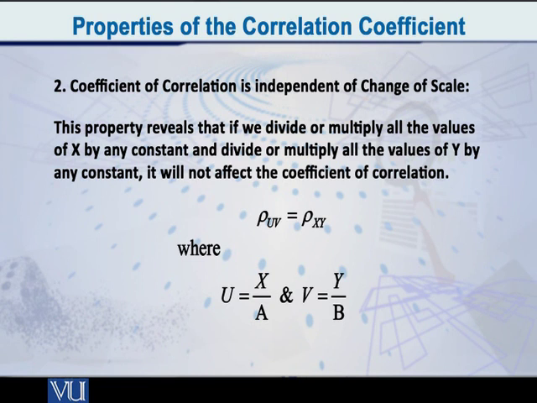In this case, it is like this, that if we divide every value of x by some constant, or multiply every value of x by some constant, and do the similar procedure for the random variable y also, then again, this will not affect the correlation coefficient. और जैसा कि अब आप देख रहे हैं स्क्रीन के ऊपर, we can say that rho of uv is exactly the same as rho of x and y, where u itself is x over a, where a is some constant that we have chosen, and v is y over b, where b is some other constant that we have chosen.